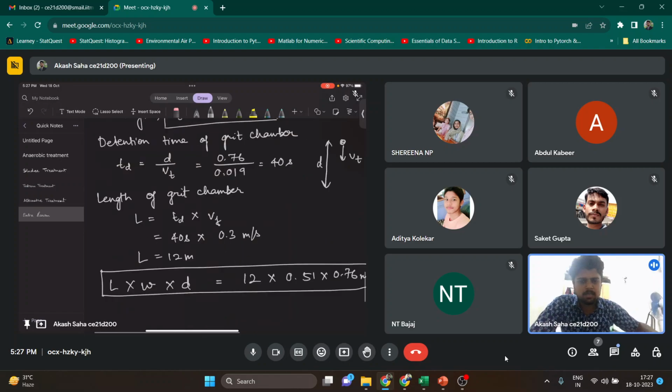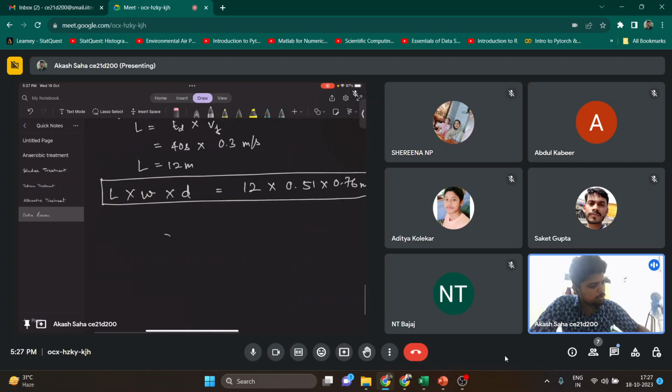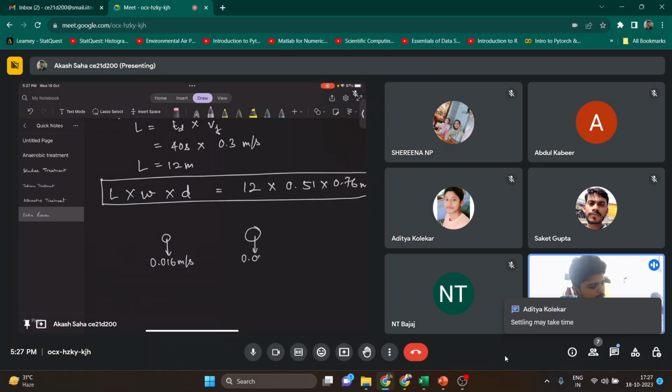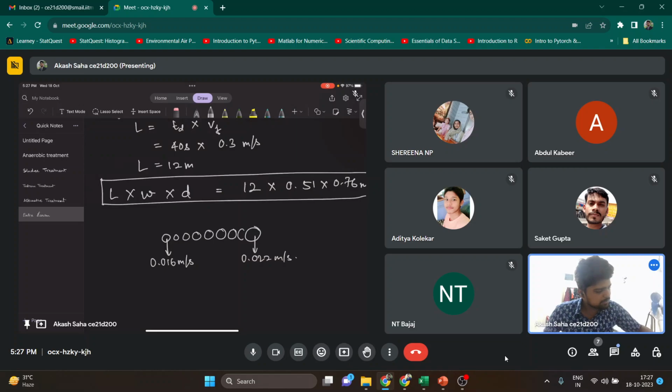Because let's say there are two particles. Okay, one is settling with 0.016 meter per second, one is settling with 0.022 meter per second. And there are several other particles, the particle size is increasing like this.